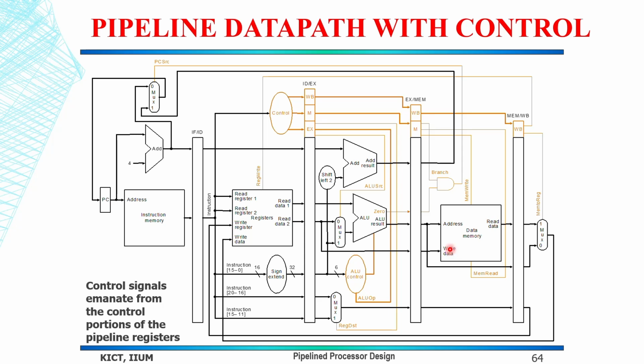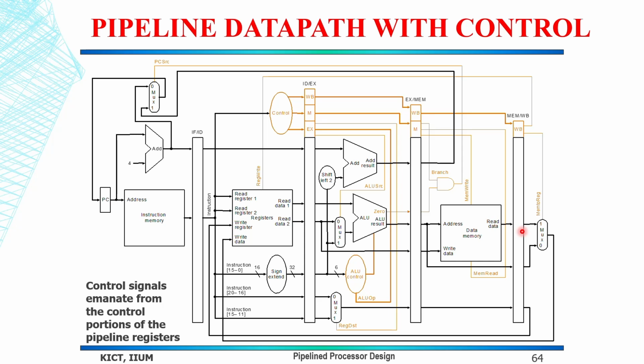Because they are generated in the ID stage, then they travel by using the pipeline registers, and at each stage they are used where it needs them.